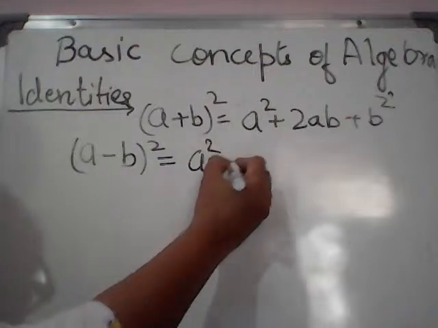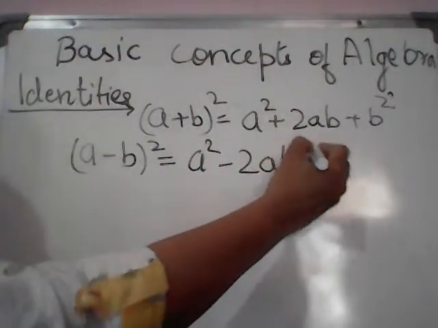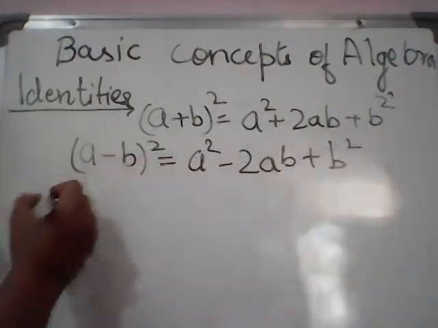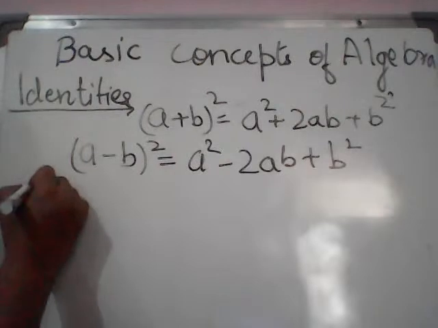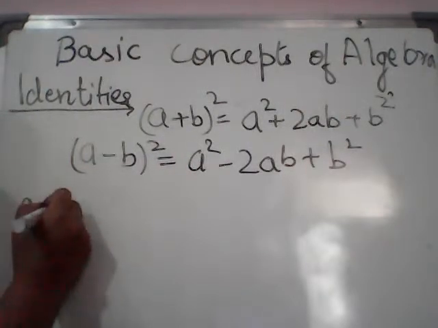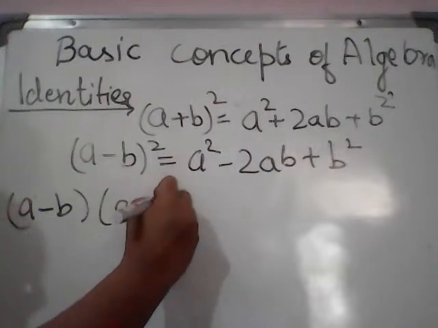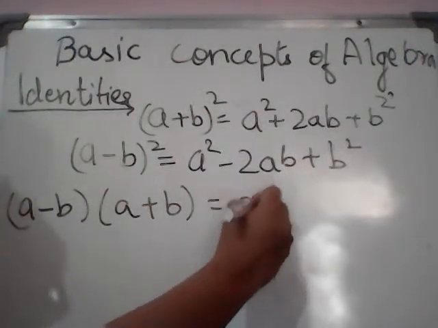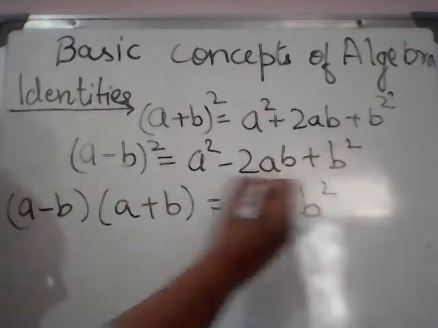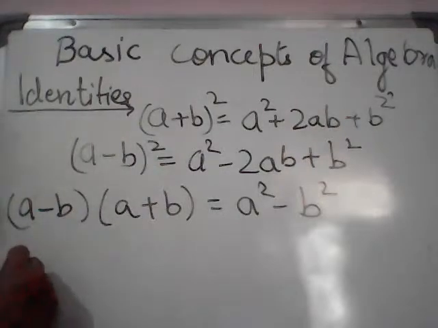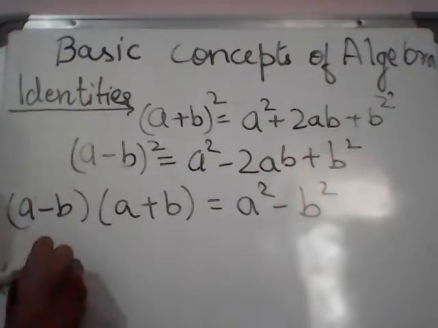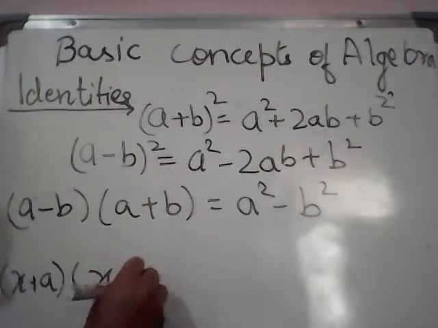a minus b whole square is a square minus 2ab plus b square. Then a minus b and a plus b: it will be a square minus b square. The last identity is x plus a and x plus b.